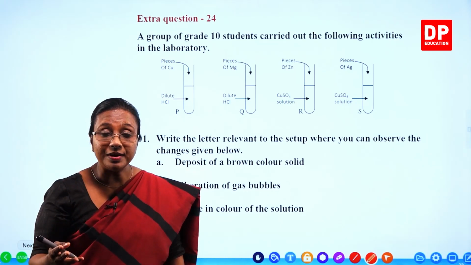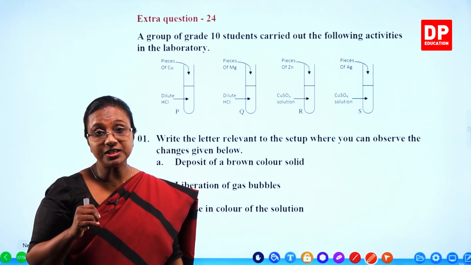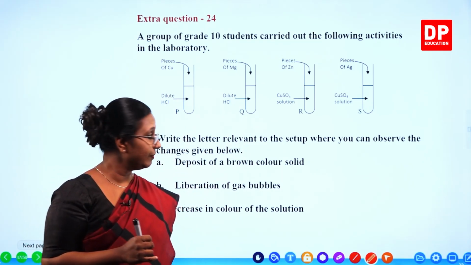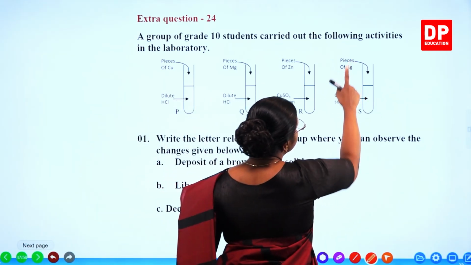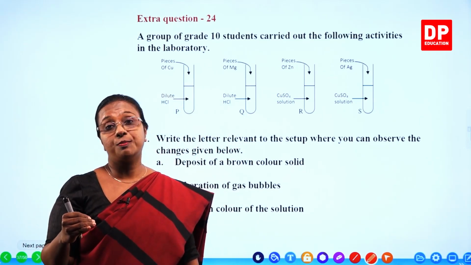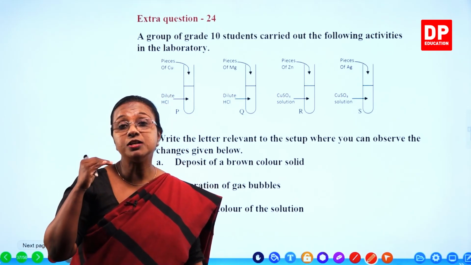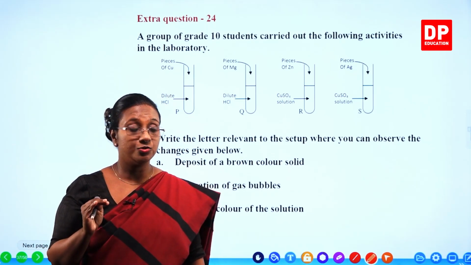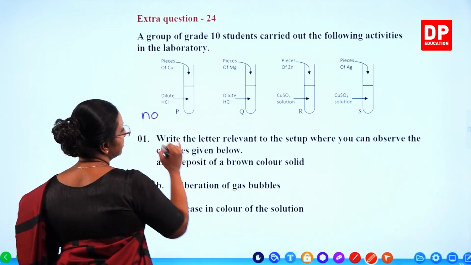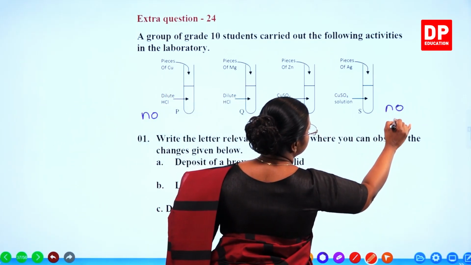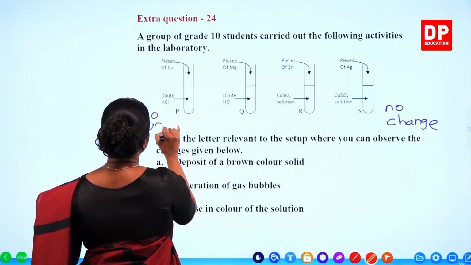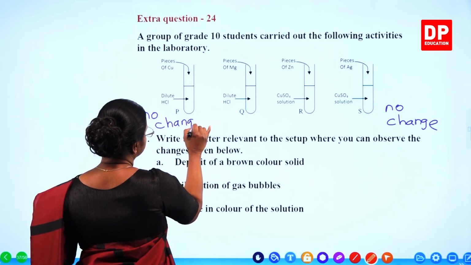You will see the copper depositing, brown color deposit, and also you can observe the zinc dissolving. Here, silver and copper sulfate solution. Silver is below copper. So, silver cannot displace copper from its solution. Here also no change. But the other two, you will see changes.